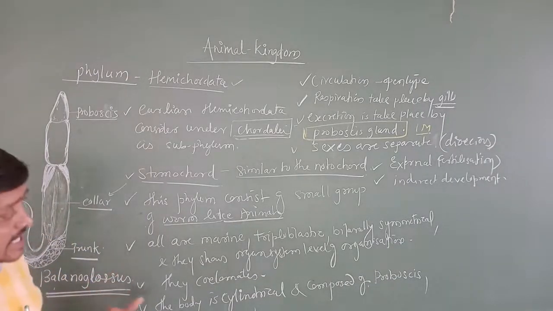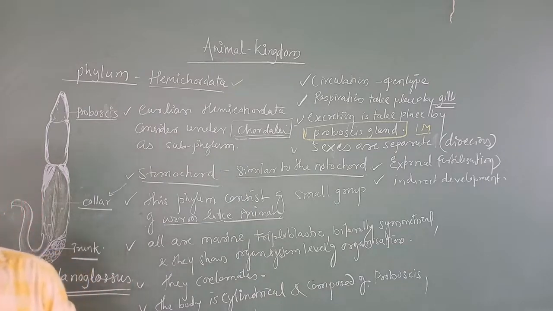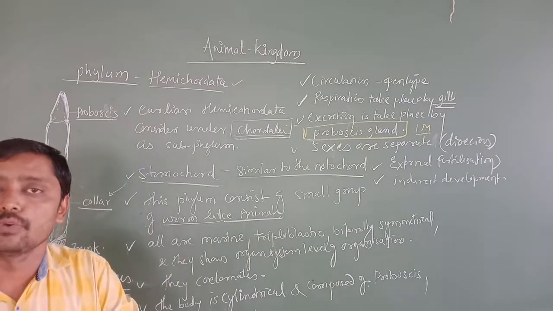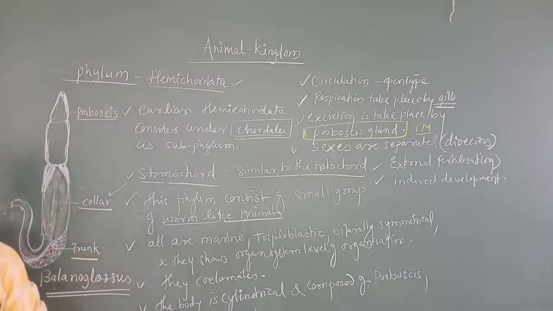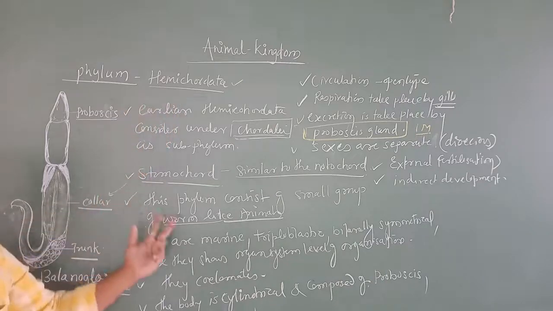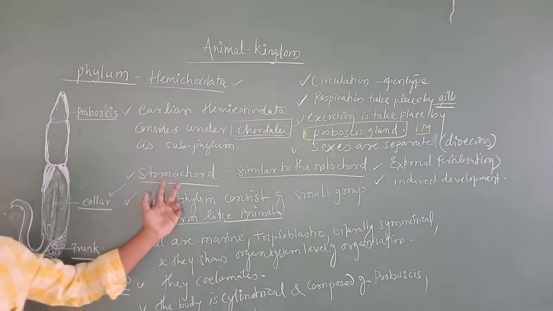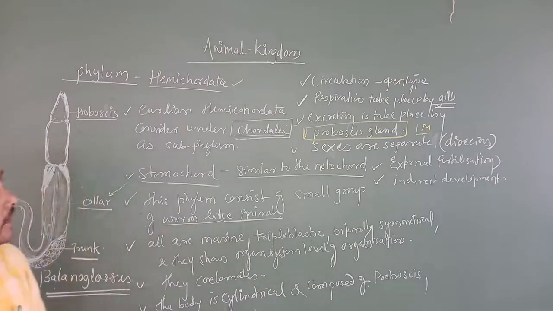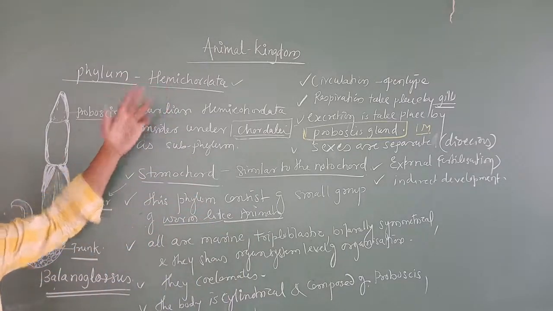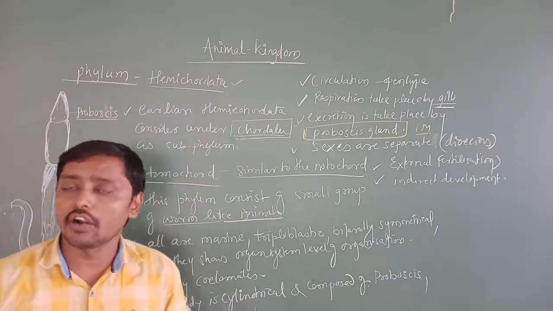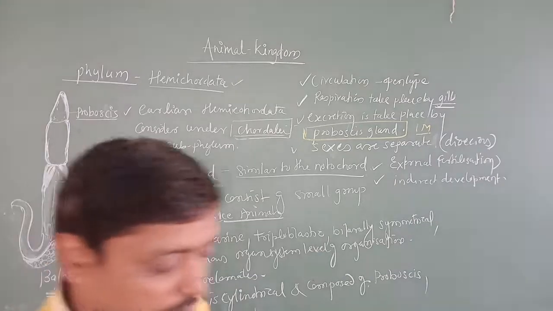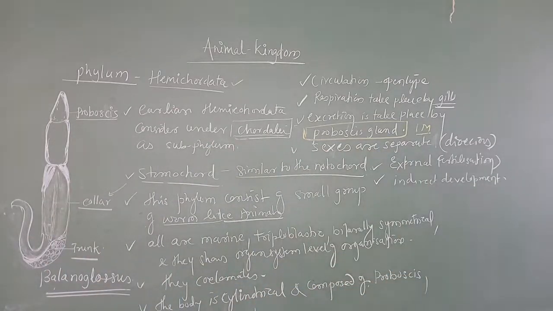Whatever we have studied so far, Hemichordata and the others, are all non-chordates, in the sense they don't possess any notochord. Hemichordata possess a stomochord that is similar to the notochord, but it is not a notochord; it is rudimentary, and that's why hemichordates are put into the non-chordates. In the next phylum, Chordata, we are going to discuss the notochord.